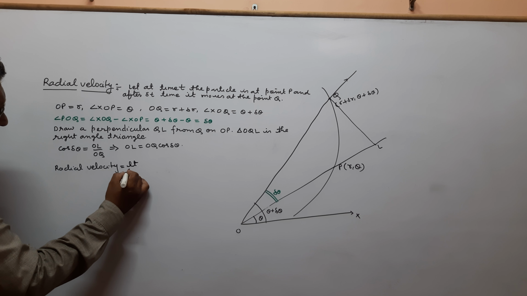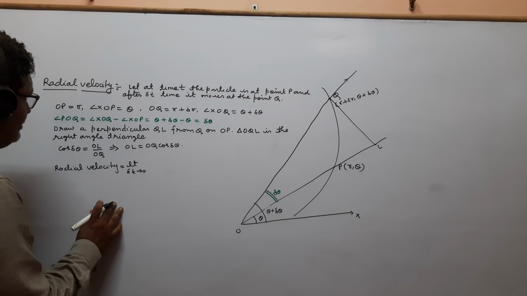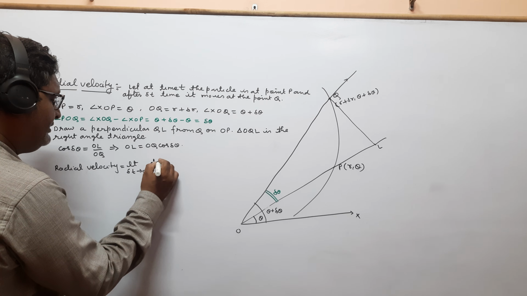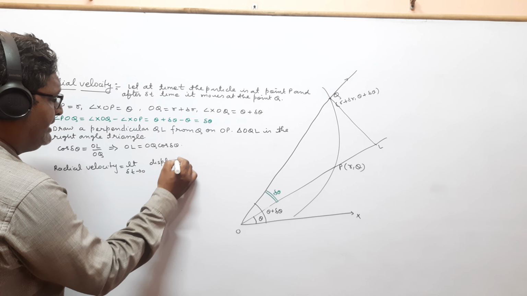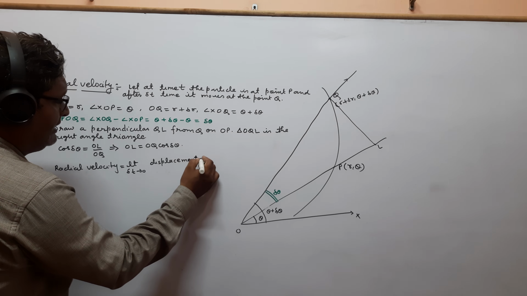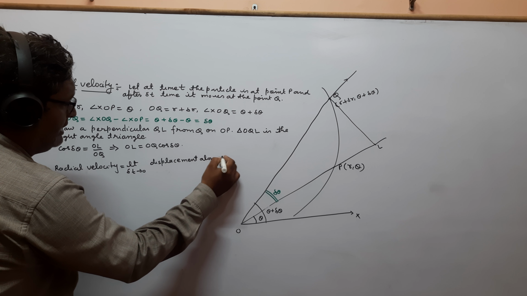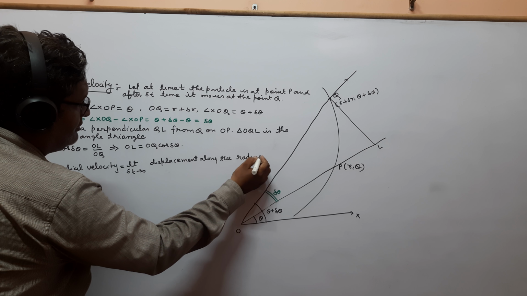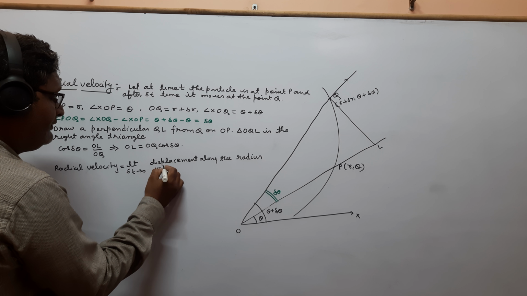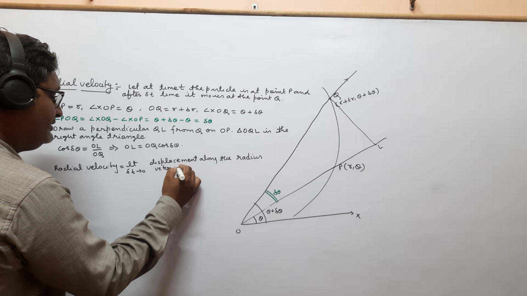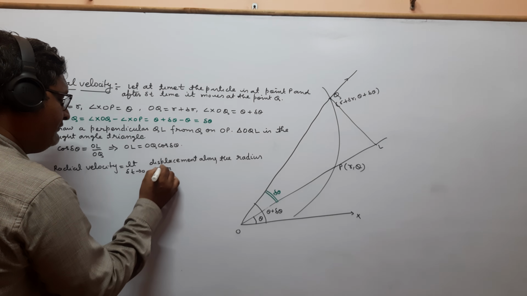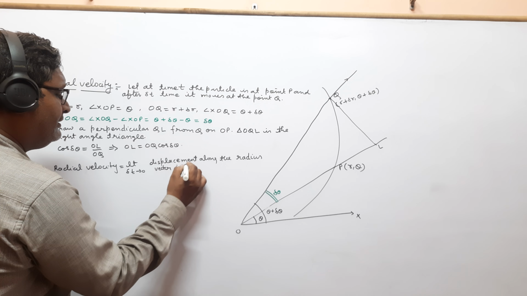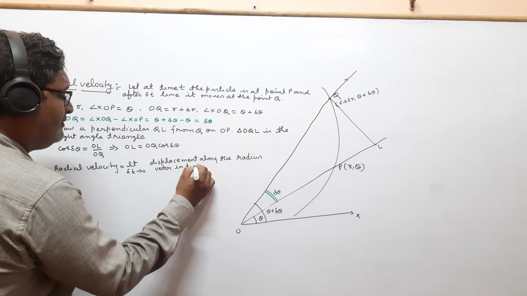this can be written as limit del t tends to 0 of displacement along the radius vector in time del t divided by del t.